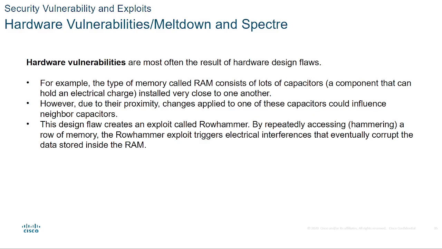Most of the time, they are installed on the RAM close to one another. So, due to their proximity, changes applied to one capacitor can influence its neighboring capacitor. This design flaw creates an effect called row hammer. By repeatedly accessing, or hammering, a row of memory, the row hammer exploit triggers electrical interference and eventually corrupts the data stored inside.